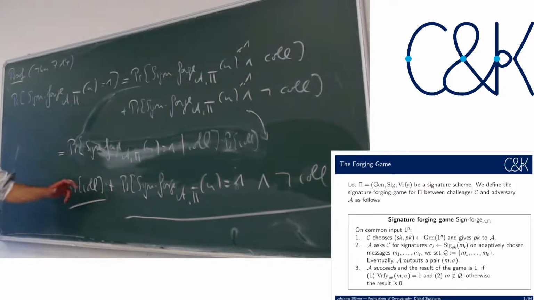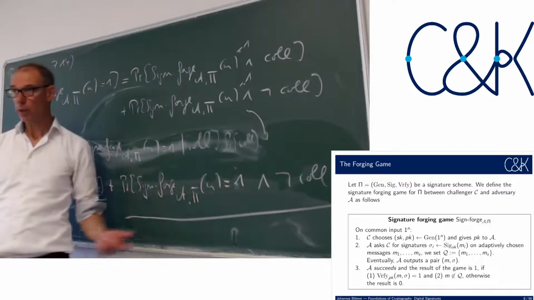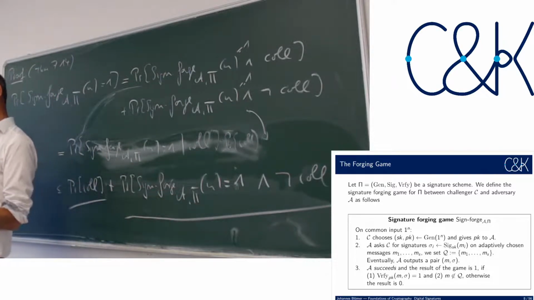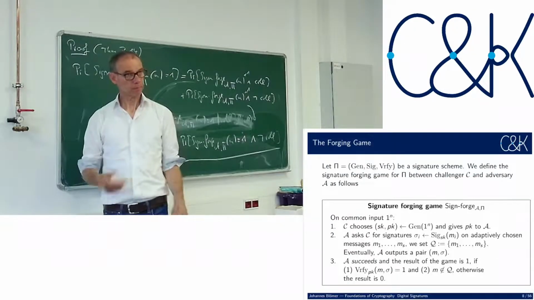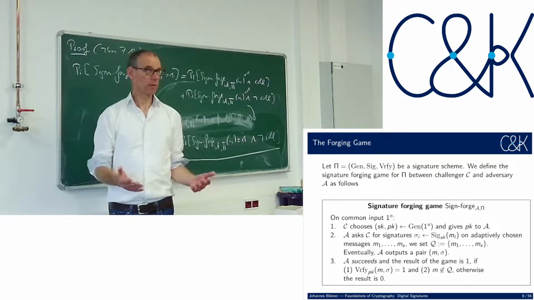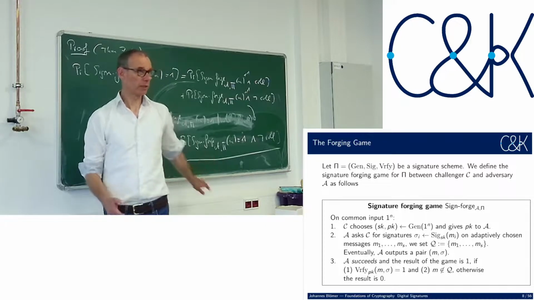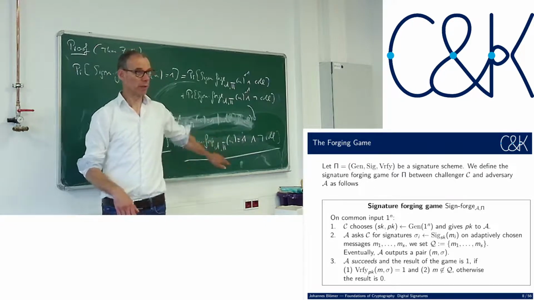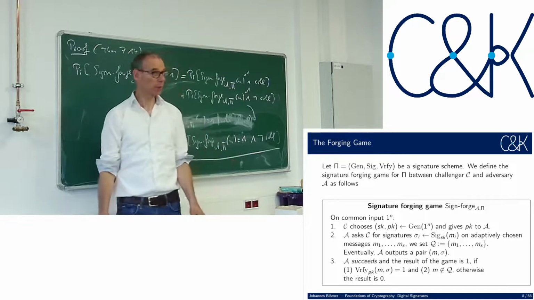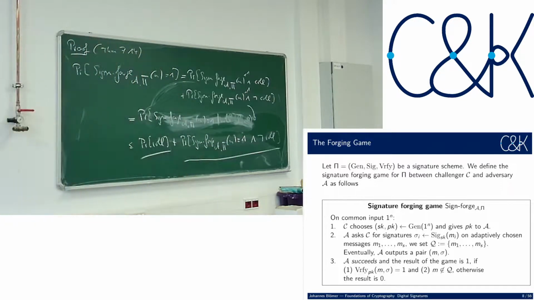So to prove that this is negligible, we use our adversary A as a collision finder to construct a collision finder. And here we use our A to design a forger against pi prime, the original signatures. And we know that because the hash is collision resistant, this must be negligible, and because pi prime was secure, this must be negligible as well. So that is how we are going to proceed.